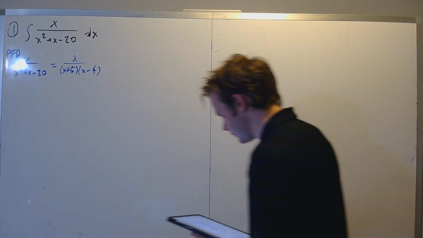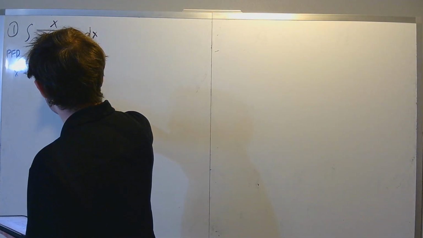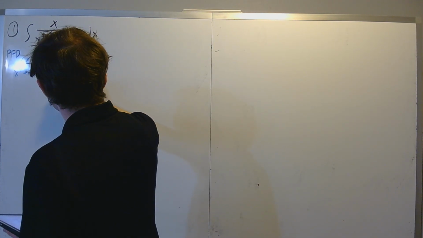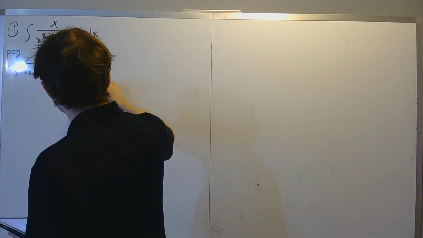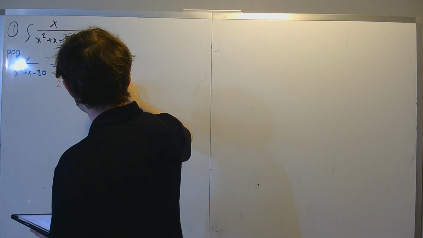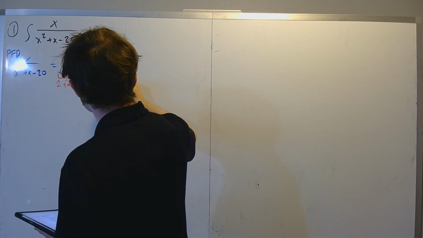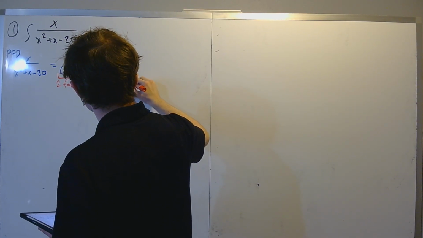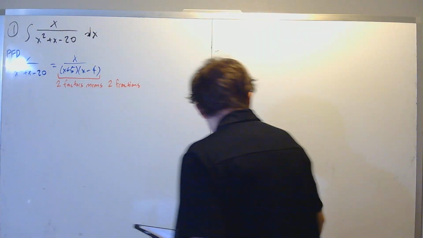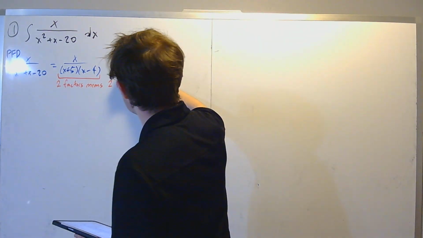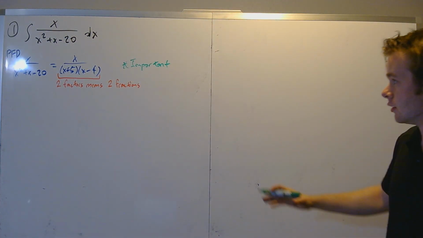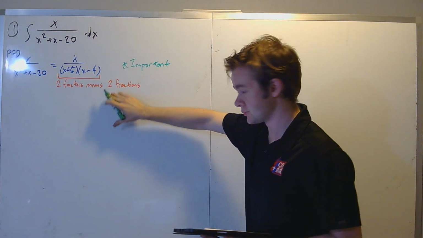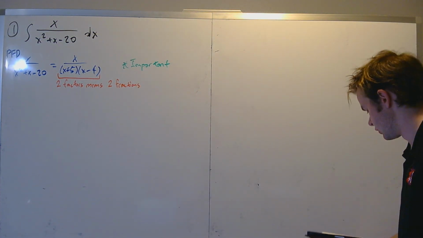And I'll say here, the fact that we have two factors means that our answer is going to have two fractions. This is important. You have to look at how many factors are in the denominator, and that's how many fractions you're going to get.